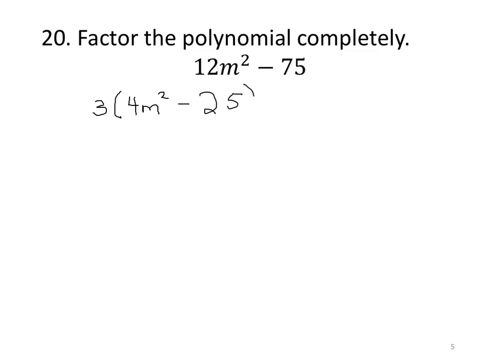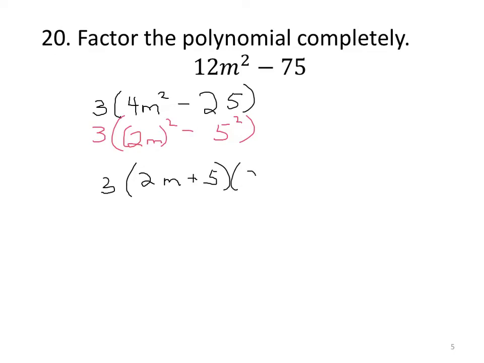And there we have a difference of squares because 25 is 5 squared and 4m squared is 2m, all of that squared. So we have that difference of squares. So we simply add them and subtract them. That's the formula. We take 2m plus 5 and 2m minus 5.